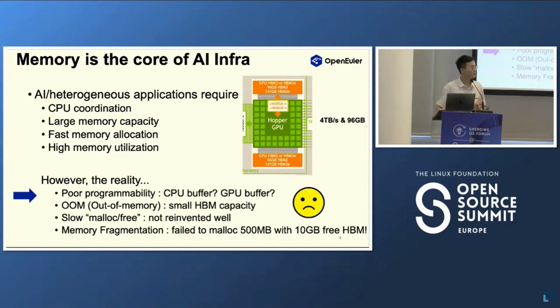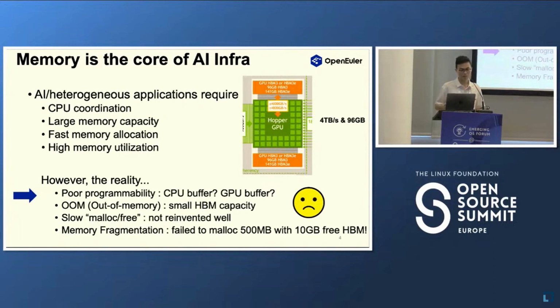However, the reality is actually bad because accelerators have poor programmability. If you have written any CUDA applications, you know that you need to allocate your CPU buffer, allocate your GPU buffer, and transfer data between the two buffers. At the same time, we have an out-of-memory problem because accelerators have small HBM capacity.